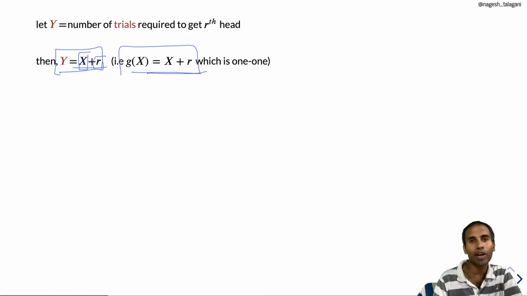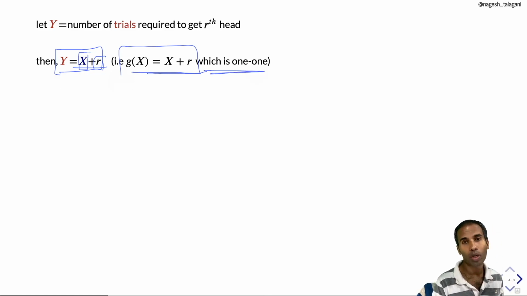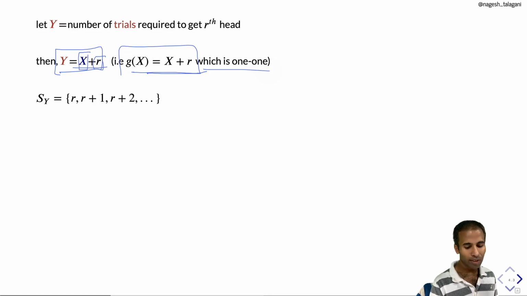Now let us try to find the PMF of Y in terms of the PMF of X. You can also see this is one-to-one, right? Now the support of Y: X can take the values 0, 1, 2, and so on, right? So Y can take the values R, R plus 1, R plus 2, and so on, because to see R heads we need at least R trials, right?